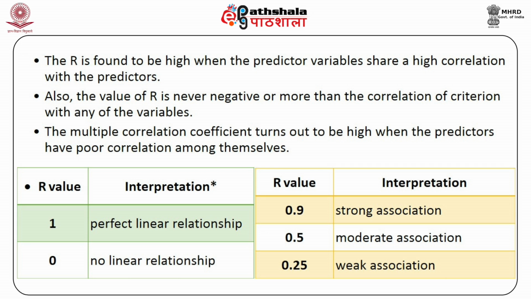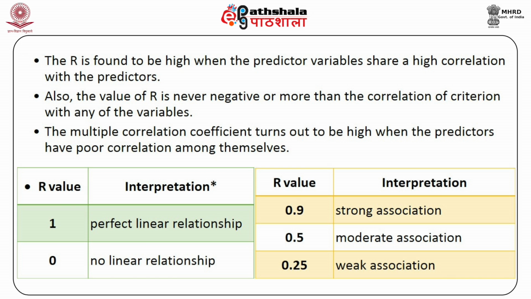When you have a value of 1 for R, then the interpretation would be a perfect linear relationship. A value of 0 for R would indicate no linear relationship, whereas R values which are on the higher side, approximating 0.9 or near that, would mean a strong association between the predicted variable and the predictor variable.